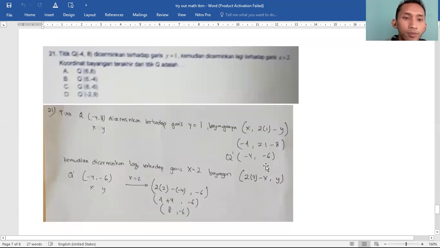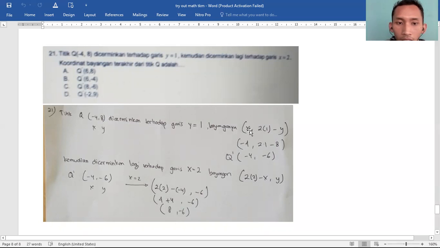Now this is the last. Number 21 is also reflection. I try to rewrite this equation to this part. So titik negatif 4,8 dicerminkan terhadap Y sama dengan 1. Dan bayangannya apa yang terjadi hasil dari titik yang dicerminkan terhadap Y sama dengan 1. Formulanya adalah ini. Ketika dicerminkan terhadap garis Y, X-nya akan tetap.